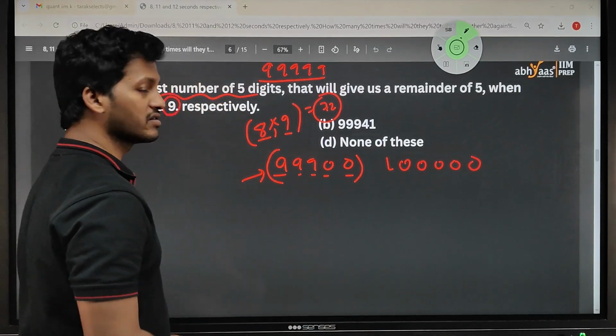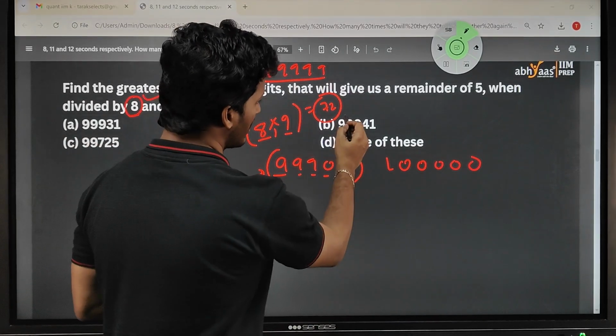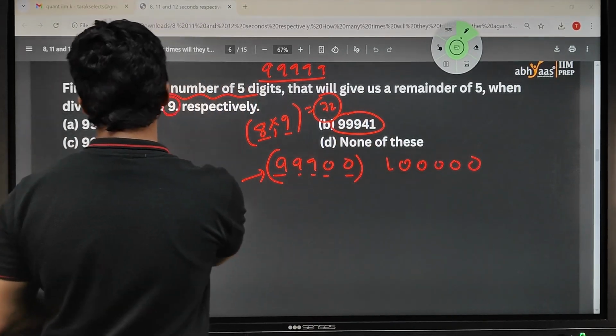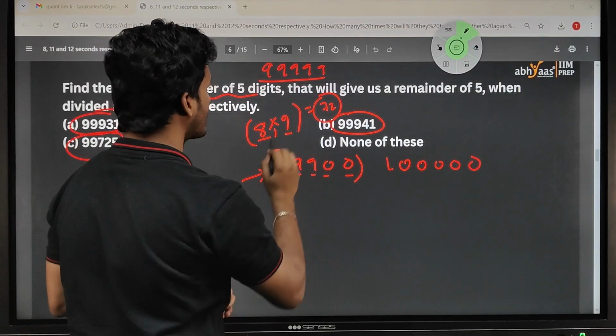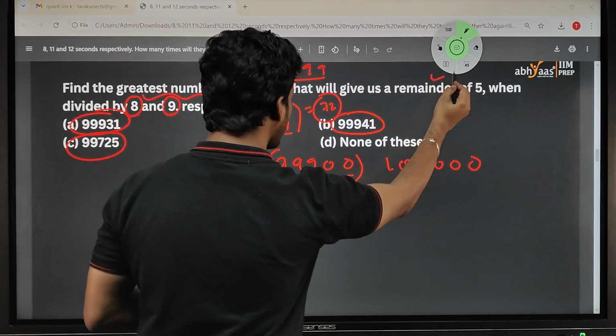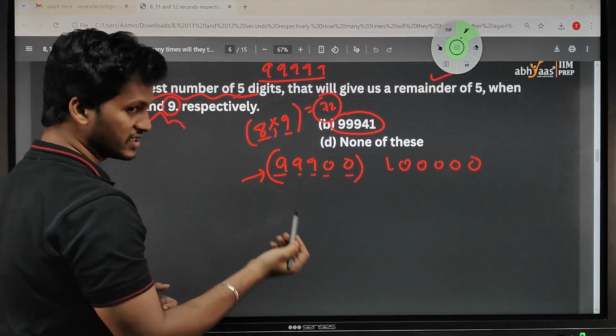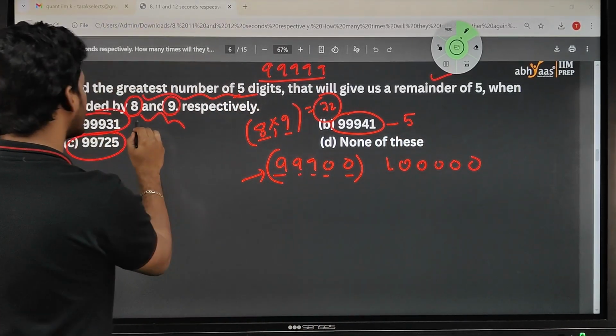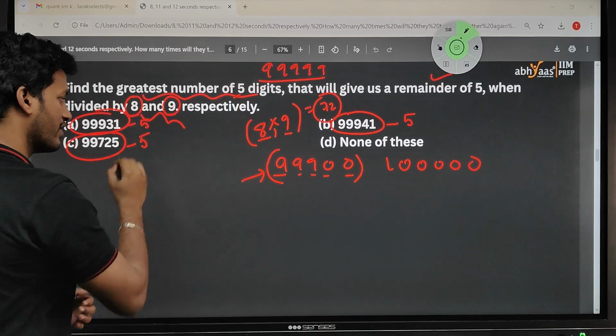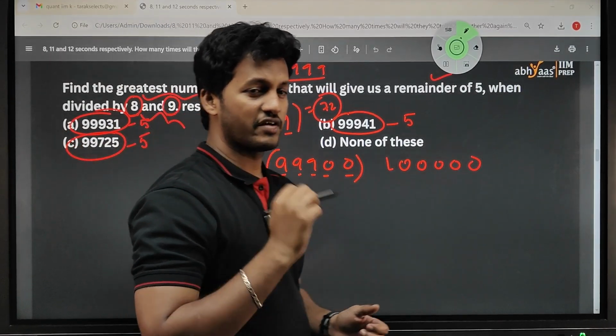But the other way, the short or smartest method, is finding it through the options. These options are numbers which leave a remainder of 5 when divided by 72, isn't it? That means I have to remove 5 from all of them to check whether those numbers are divisible by 72 or not.